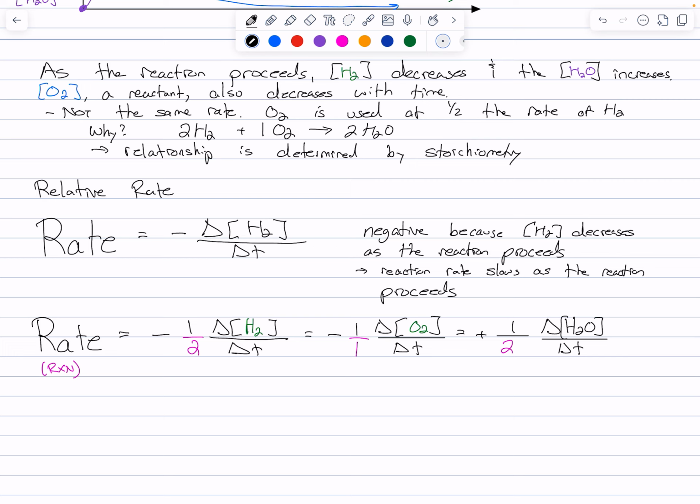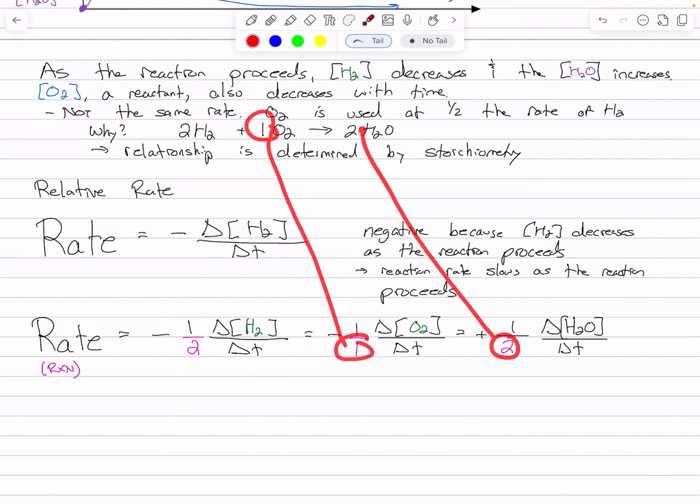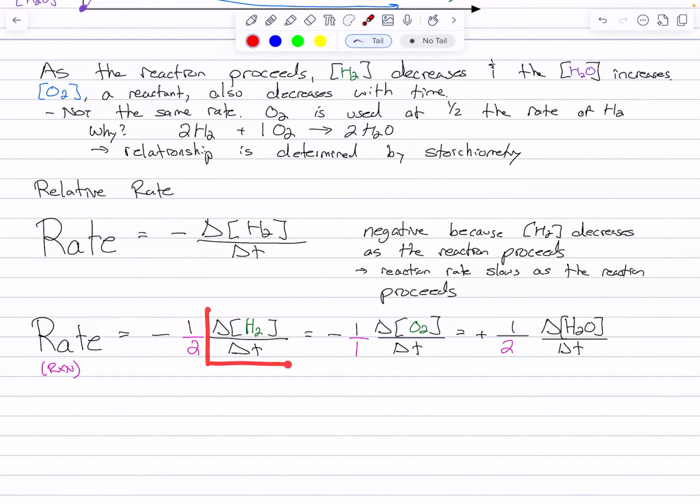All right. Now, when we do a relative rate, these are numbers. I want to point this out. That is a number, and that comes from the coefficient in the equation. This 1 came from that 1. This 2 came from that 2. This is just a number. Like 15 miles an hour is just a number, it's a rate. So if you had 5 molarity per second, that's 5 moles per liter per second.